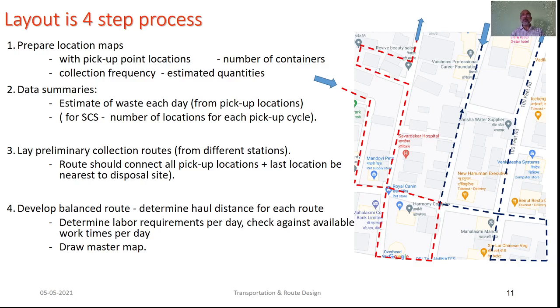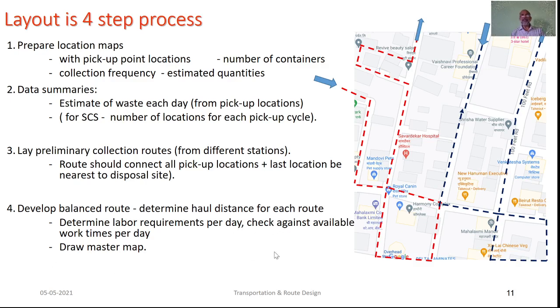Also, the way we mentioned, the T net, the time that is spent on each of these particular collection routes should be same. Hence, we have determined the haul distance for each routes. We have to determine the labor requirement per day.